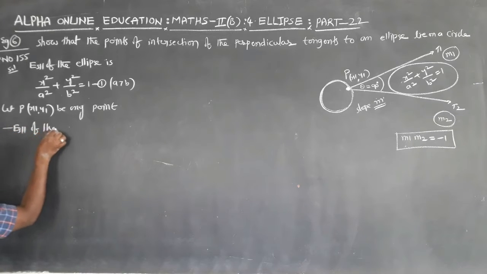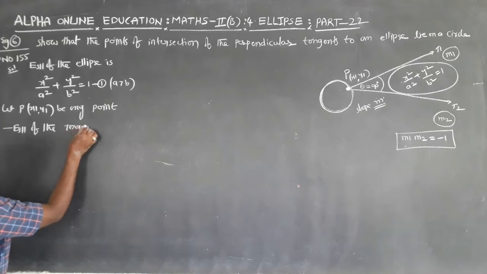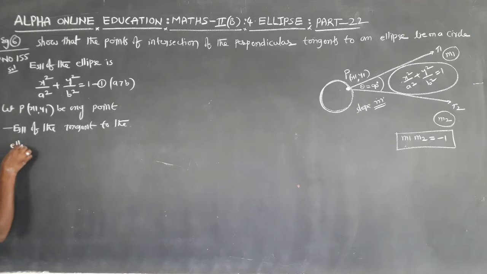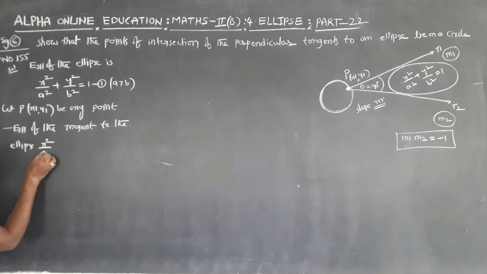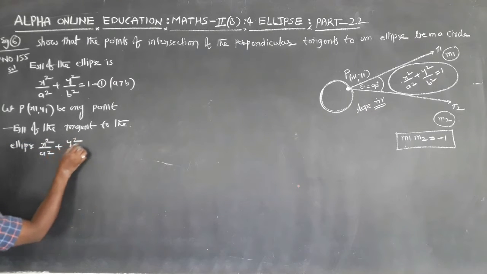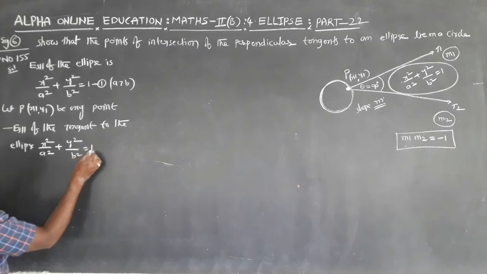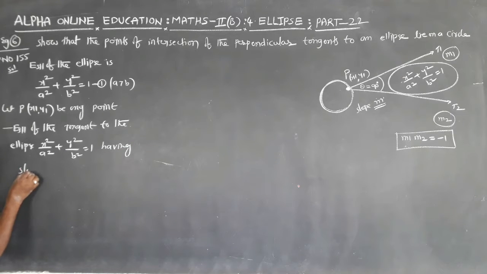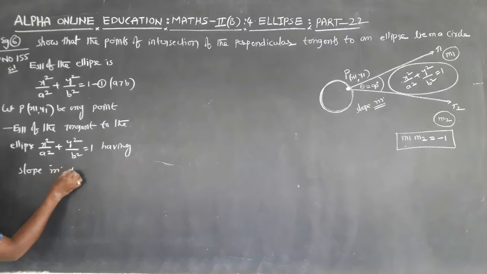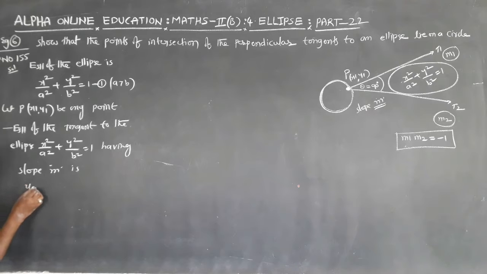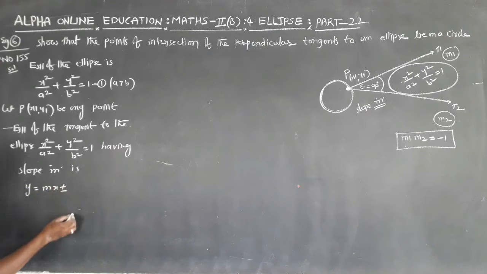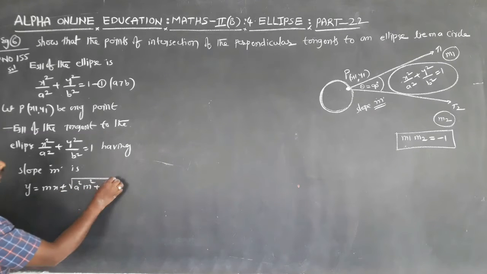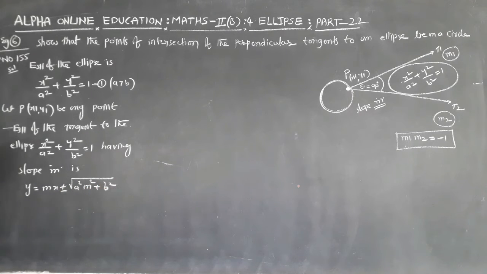The equation of the tangent to the ellipse x square by a square plus y square by b square equal to 1, having slope m, is y is equal to mx plus or minus under root of a square m square plus b square.